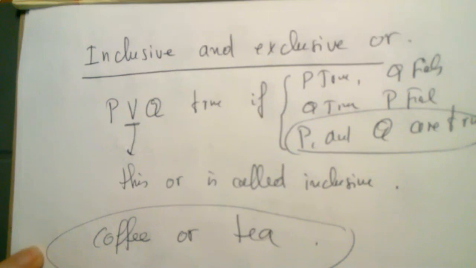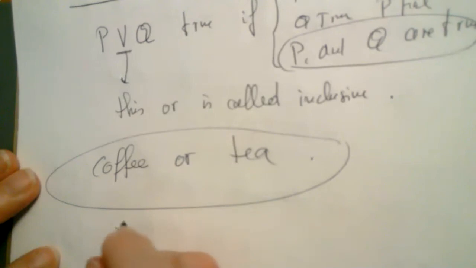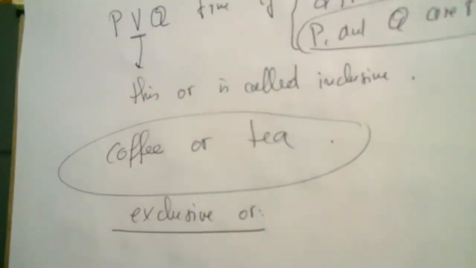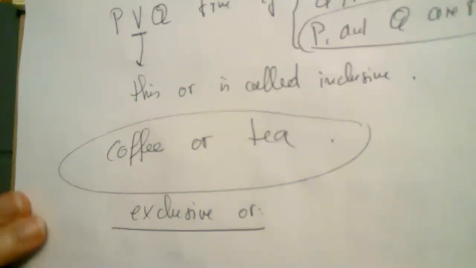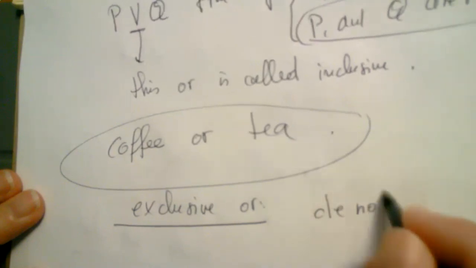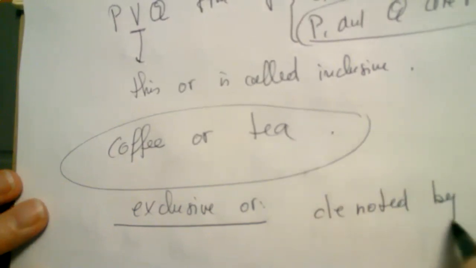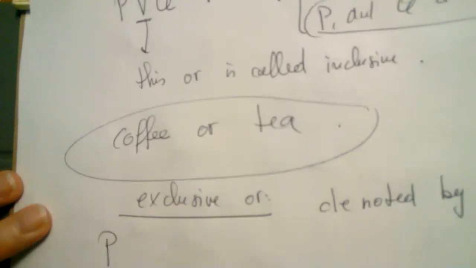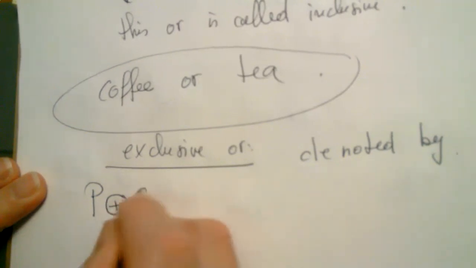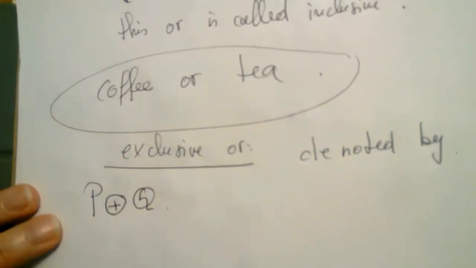So this motivates another OR, which is called the exclusive OR. We don't use it in math, but it is sometimes used, especially in computer science. So what's the exclusive OR? It is denoted by P plus Q, a totally different notation.